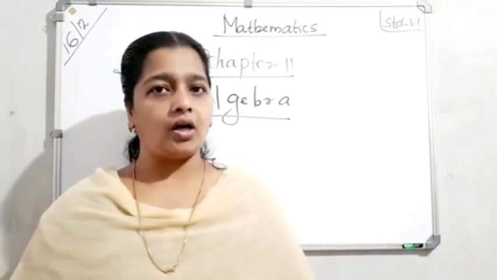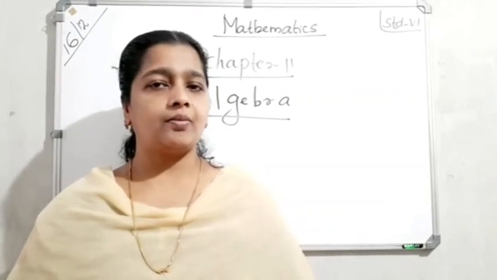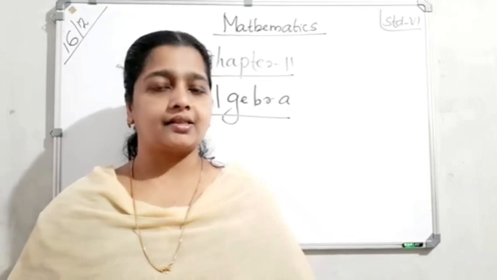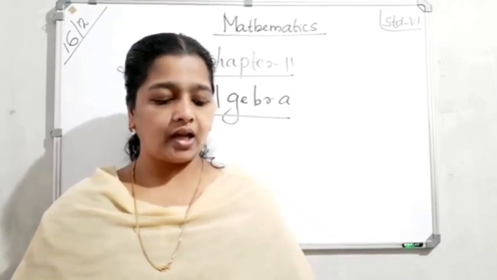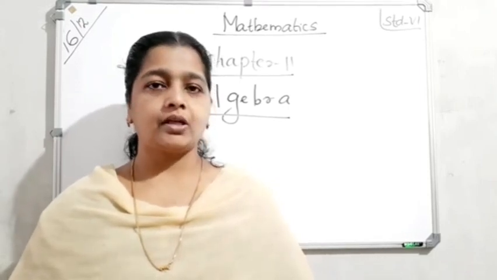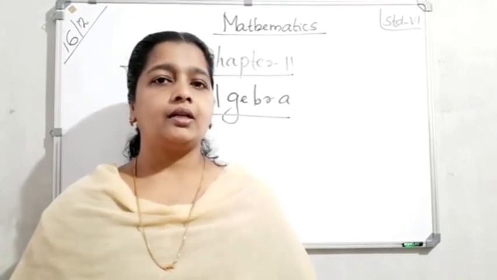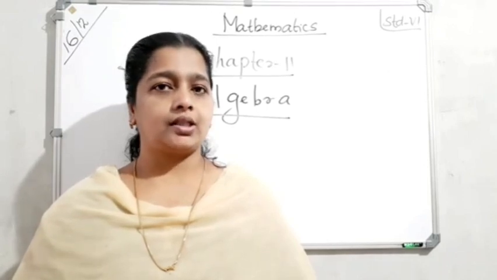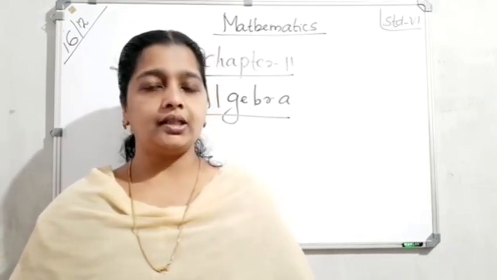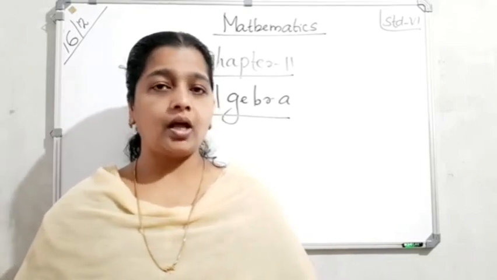In the branch of algebra we can use different letters. Next, use of letters will allow you to write the rules and formulas in a general way. By using letters we can talk about any number and not a particular number.